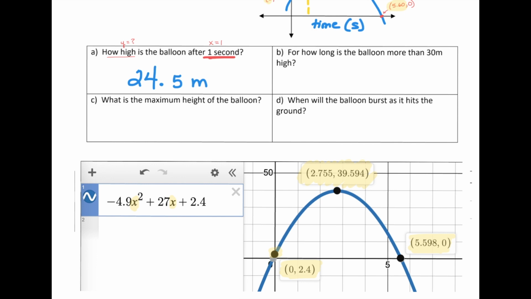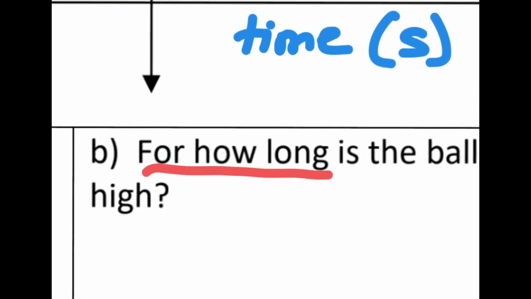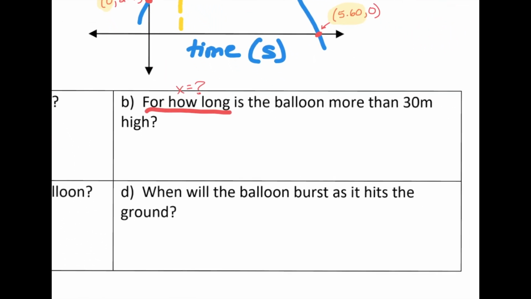The next question asks for how long. Well, that's a time. For how long is going to be an x value. It's asking x equals what? Is the balloon more than 30 meters high? So for how long is the balloon more than 30 meters high, and 30 meters is a y value.